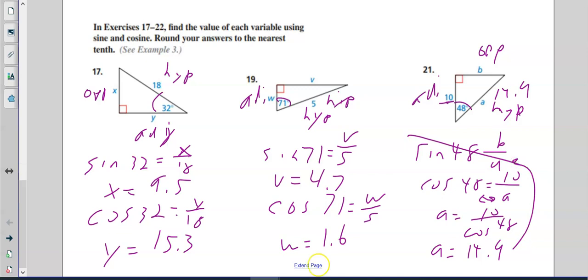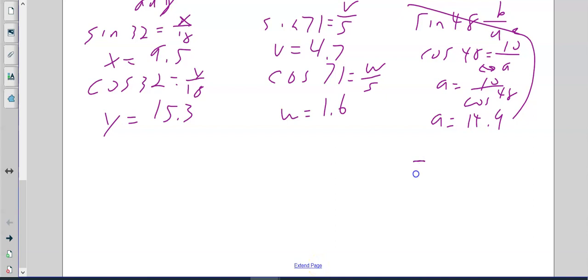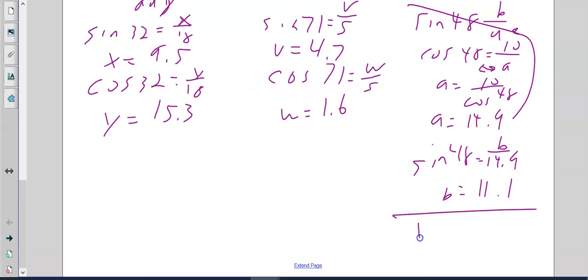We're just going to plug 14.9 in there and say sine of 48 is b over 14.9, and then we multiply both sides by 14.9 and we find out b is 11.1. Now, another thing we could have done from the previous lesson, we could have said tangent of 48 is b over 10 because we had the adjacent side. So that was another option.